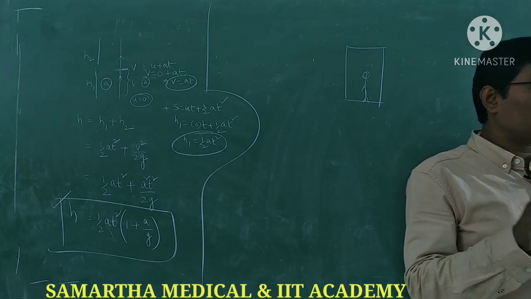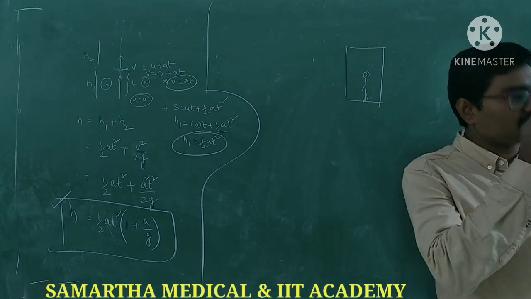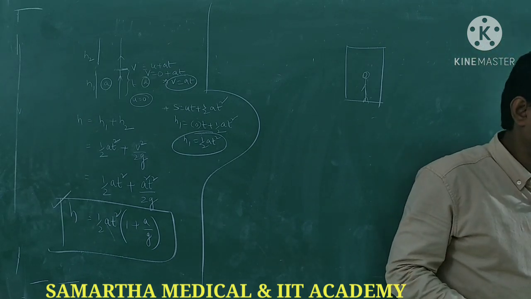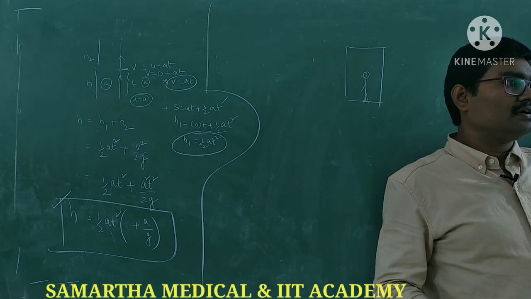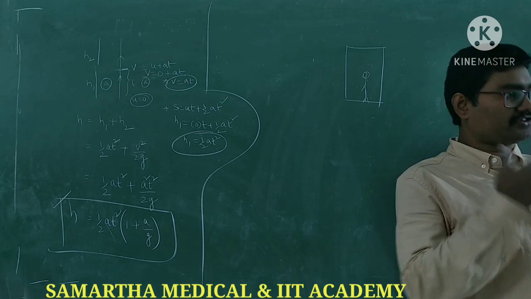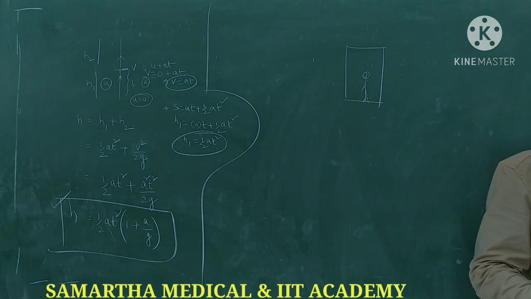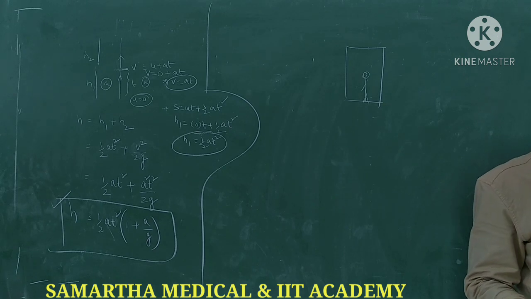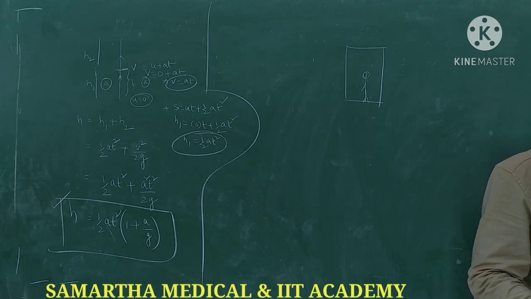Now you are standing inside the lift, which is moving upward with an acceleration a. Then what is the time of flight for the body when it is thrown inside the lift? 2u by g effective. While it is going in the upward direction, g effective is g plus a.